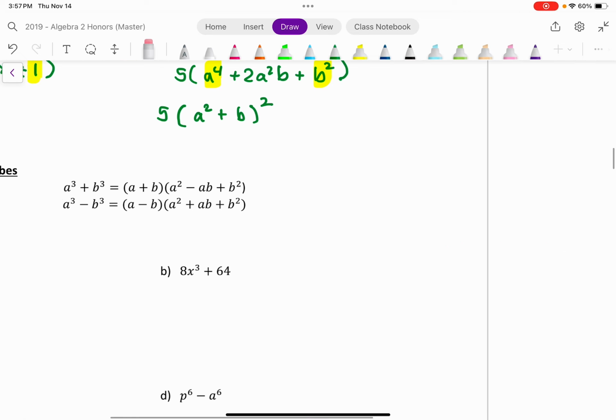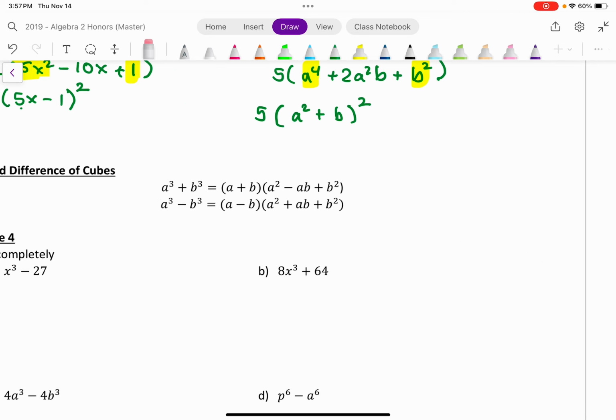These are called cubic conjugates to each other. When I multiply them together, I get the sum of cubes. So these two here, and the same for the other two, are called cubic conjugates.